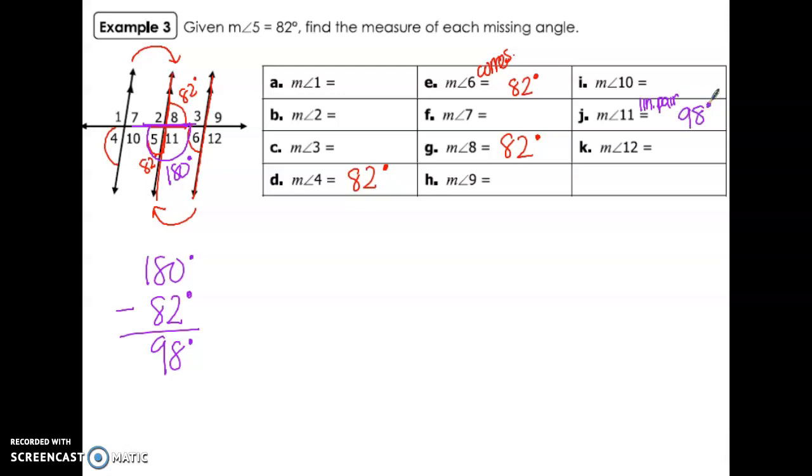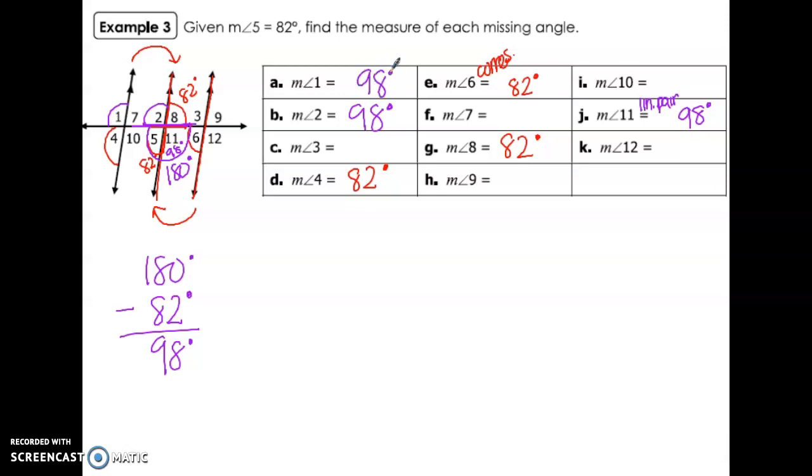And so now that you have 98 degrees here, now we can work off of angle 11. So I'm going to say the vertical angle here, angle 2, has to be congruent. So the measure of angle 2 would be 98 degrees. We could say the corresponding angle to 2 is angle 1, so that also has to be 98 degrees.